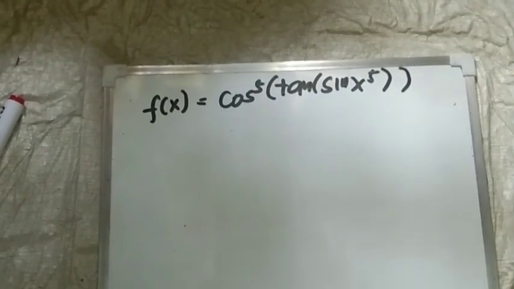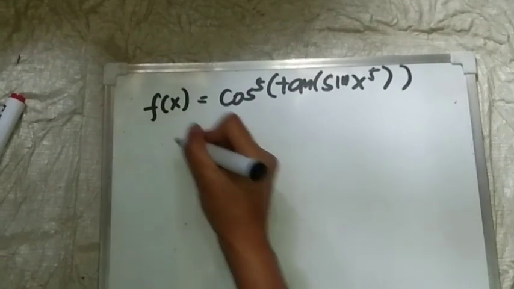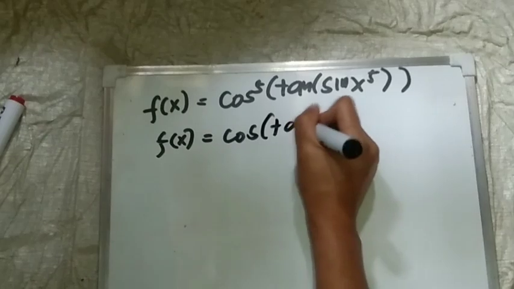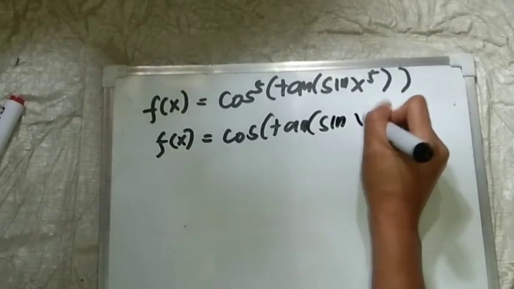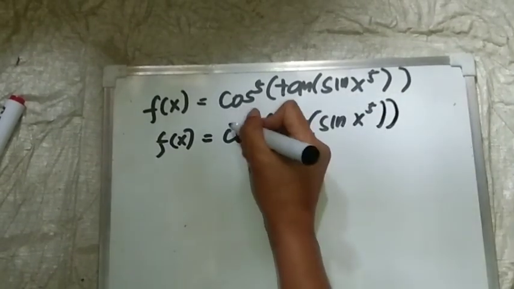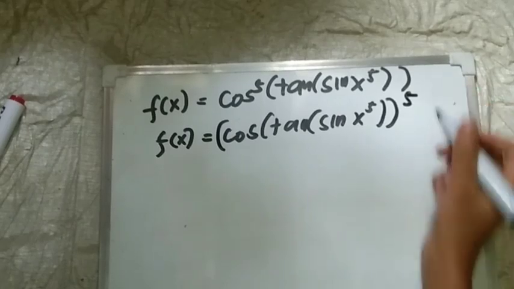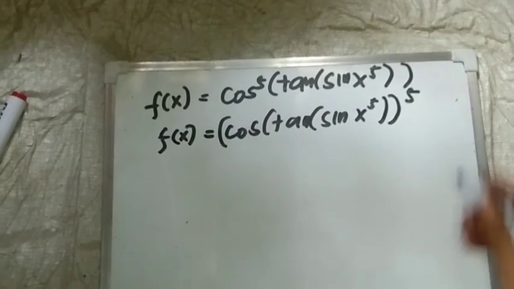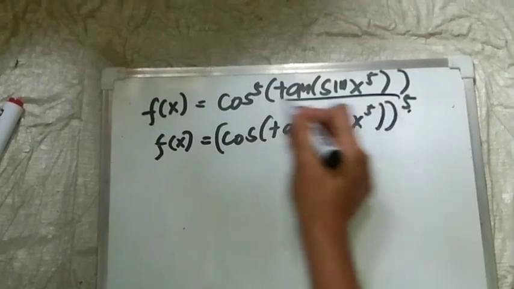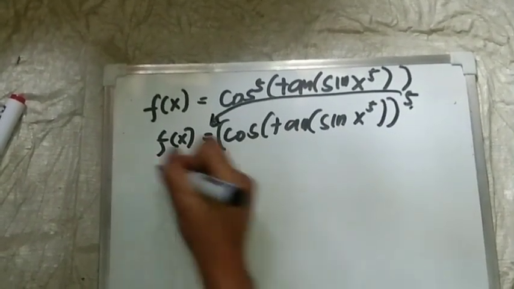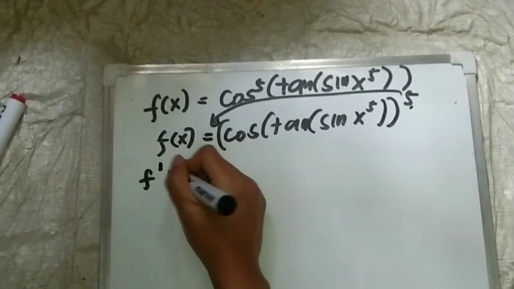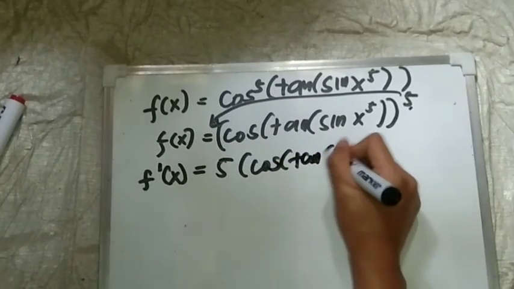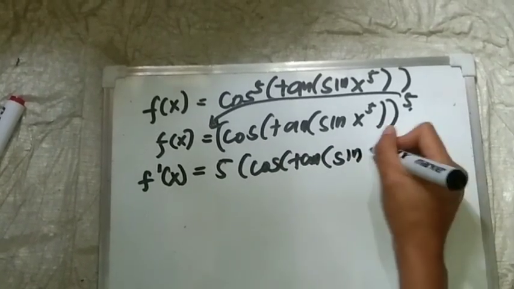So first, let us rewrite. You have f of x equals cos tan sine x, and then we all raise to the 5th power. So let's move this 5 in front. So we will have here f prime of x equals 5 cos tan sine x to the fifth.